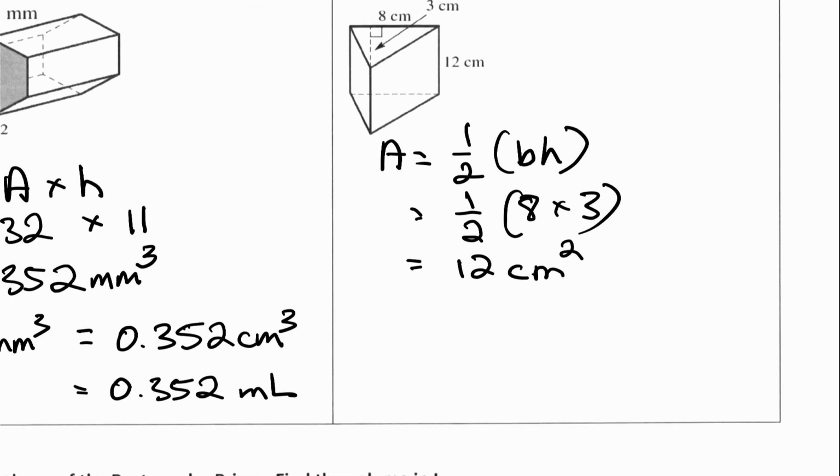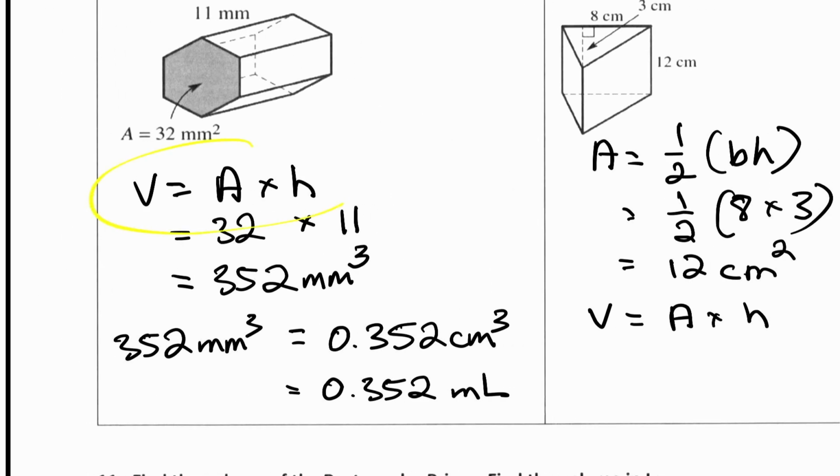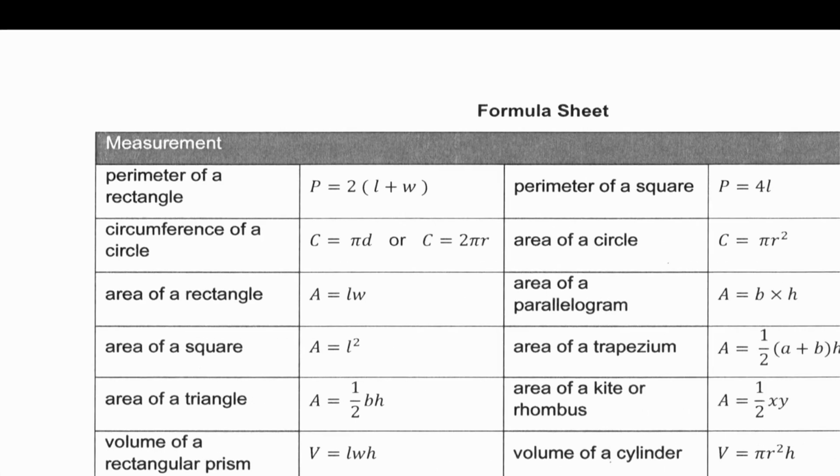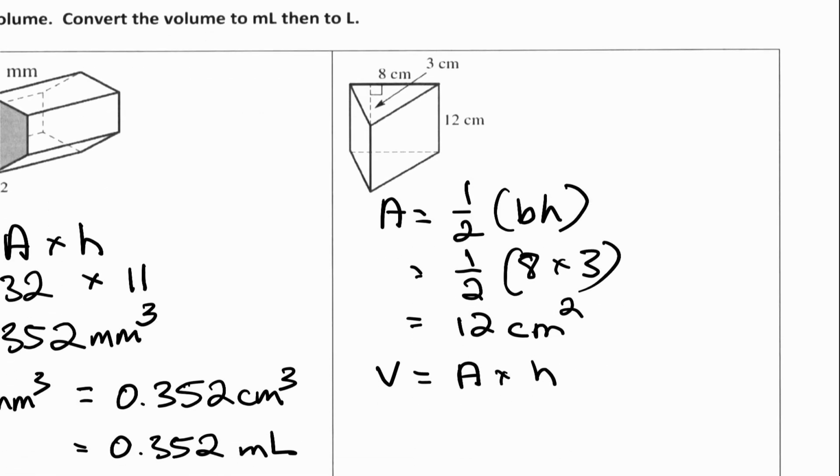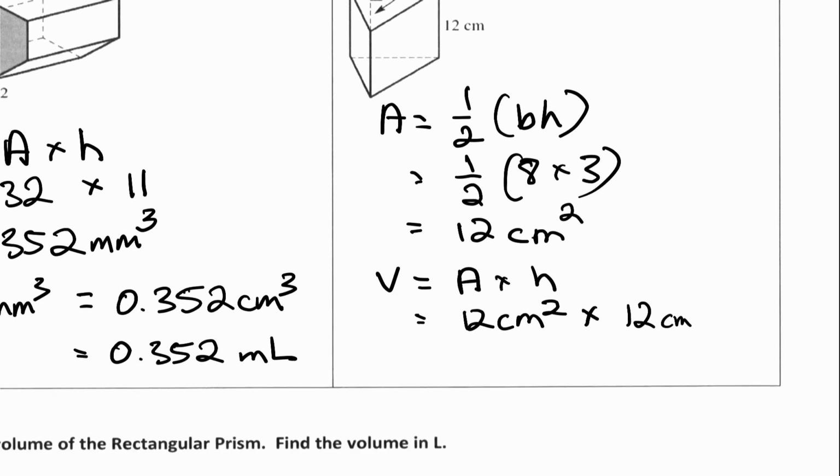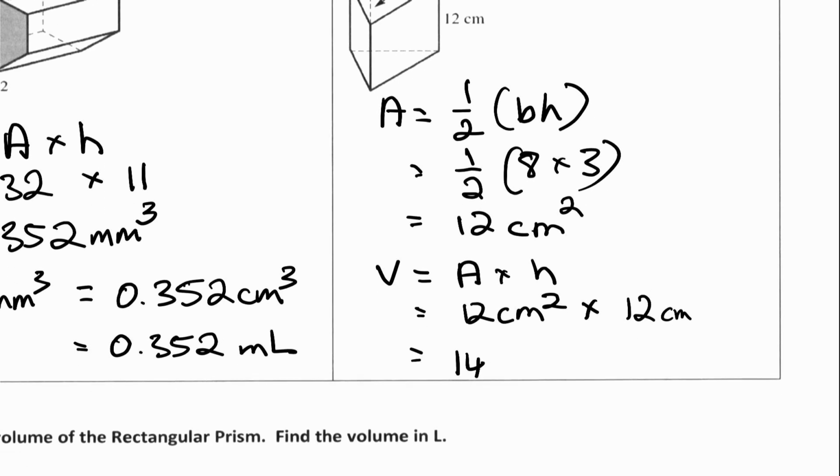To find the volume was the area times the height, just like we did in the previous question. The volume is the area times the height. So we figured out the area of 12 centimeters squared times the height, which is 12 centimeters, which gives us 144 centimeters cubed.